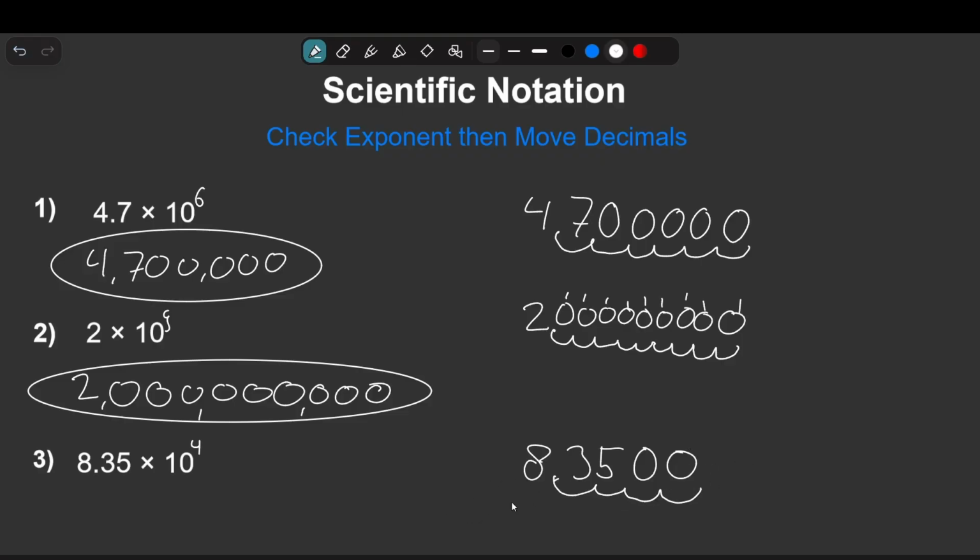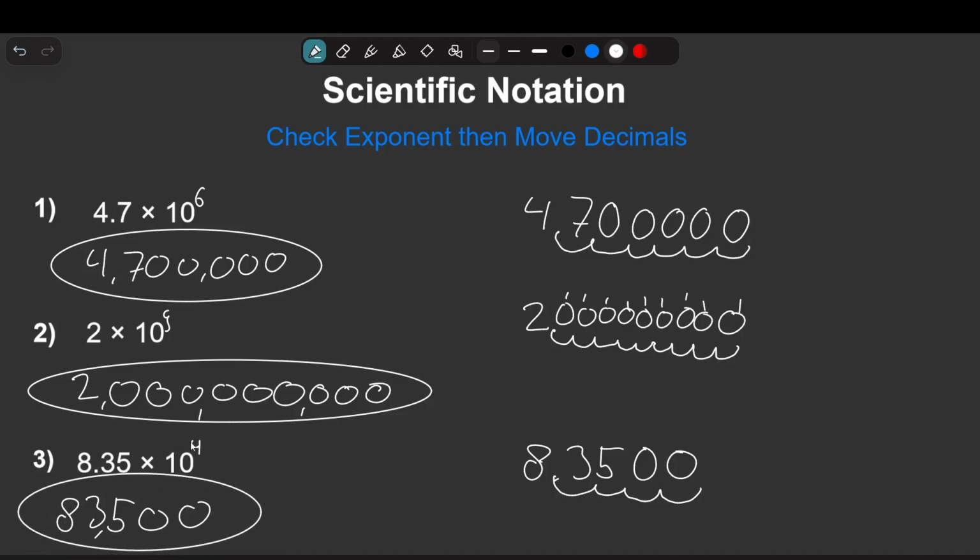Now again, we're going to rewrite it with the decimal in the correct spot. Just write your 835, and then the 2 zeros, 1, 2, and this will be our final answer of the last example.